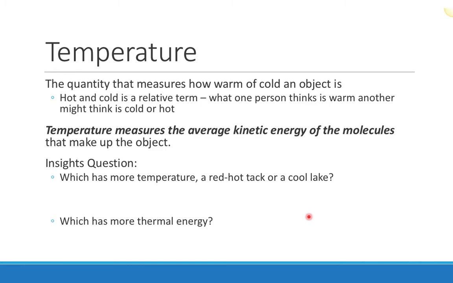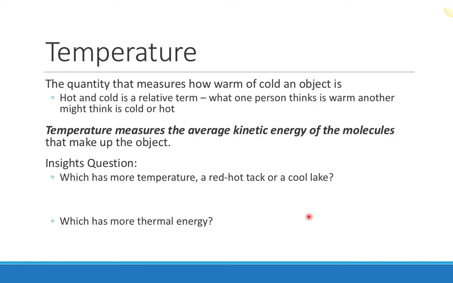One person might think that it's warm outside, another one might say that it's cold, or another person might say it's hot. So using the terms hot and cold is very relative. But if we say temperature, we're actually measuring something. We're being very specific, and we're measuring how hot or how cold something is.